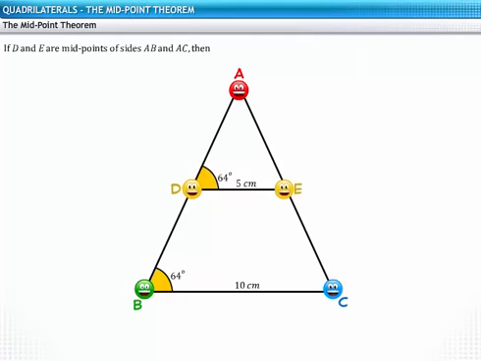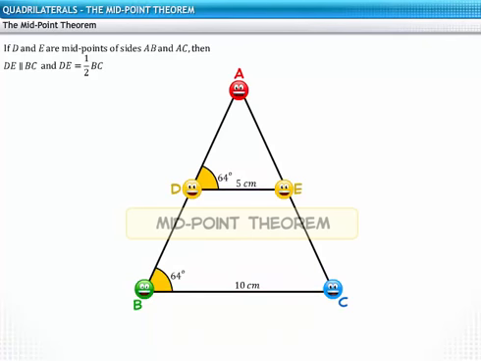Finally, friends D and E have successfully claimed that if they stand midway between the two sides AB and AC of a triangle ABC, then DE is parallel to BC and DE is half of BC. In geometry, this result is known as the midpoint theorem.